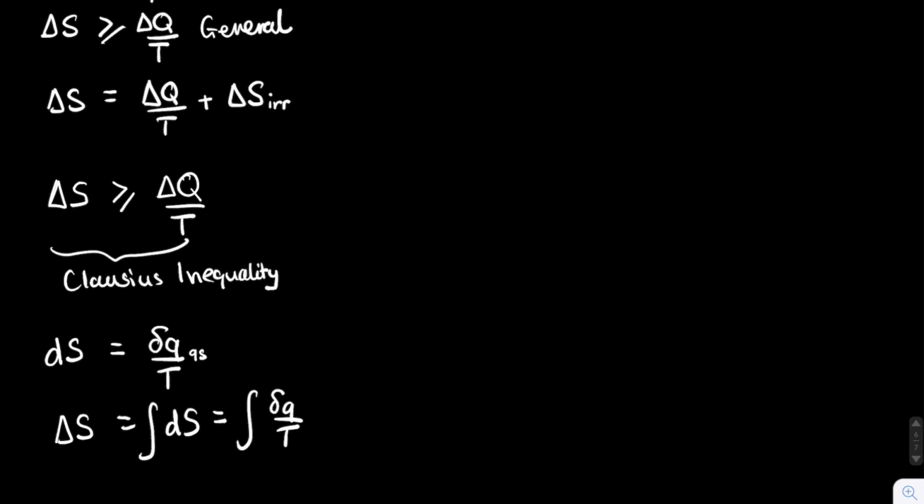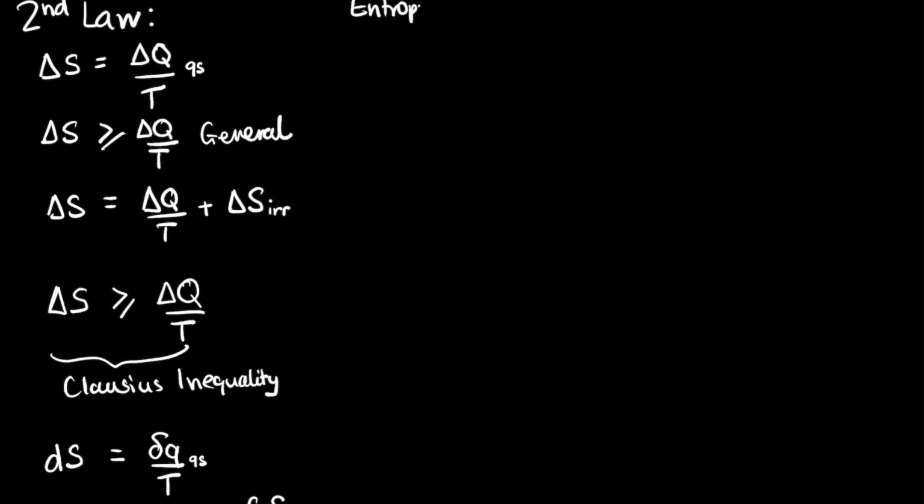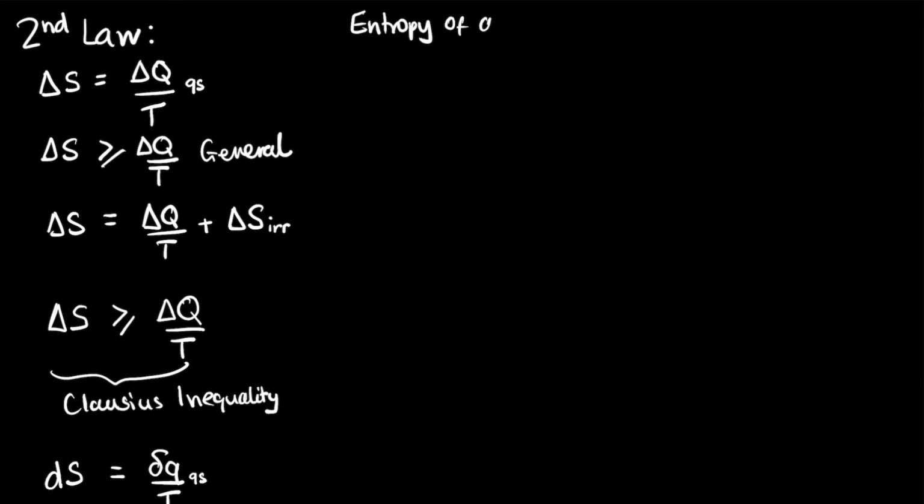We're now going to calculate what the entropy is of an ideal gas. It's quite a complicated thing to do, but this will form quite a good basis for some of the things that we're going to be doing in statistical physics. So let's rewrite this relation out.